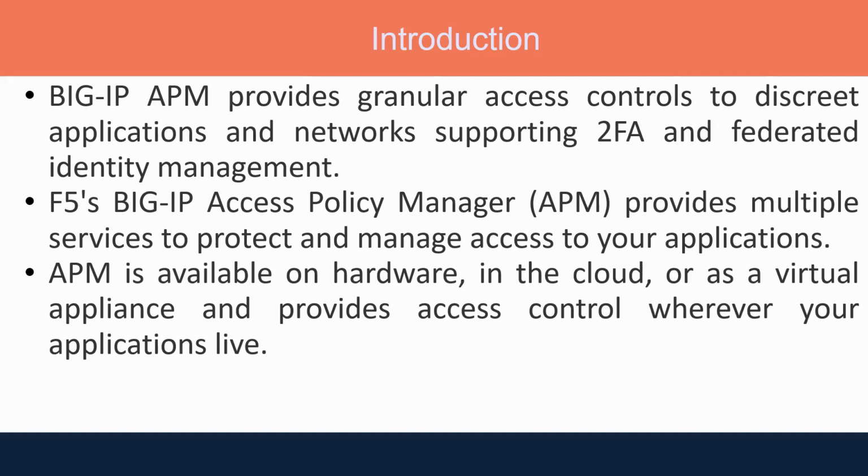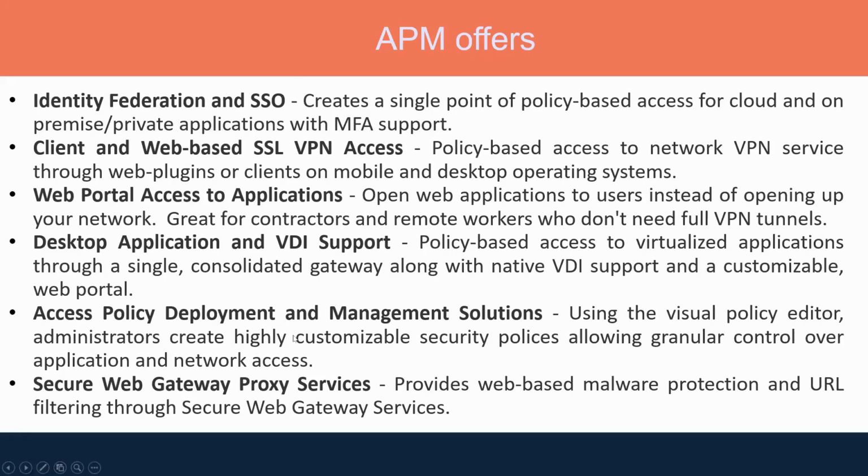You can deploy APM on hardware. So you can purchase a BIG-IP appliance and enable it there. If you have a cloud or virtual appliances, there also you can enable the APM module. These are the features offered by APM. With APM, you can do SSO. It can act as a client SSL or web-based SSL VPN access.